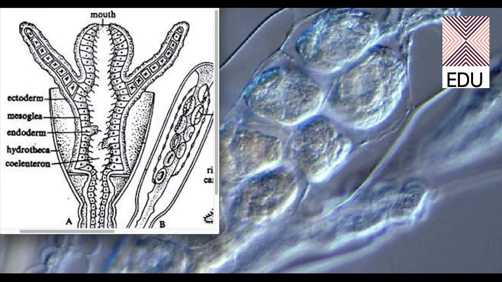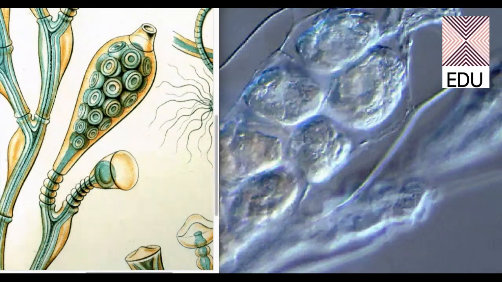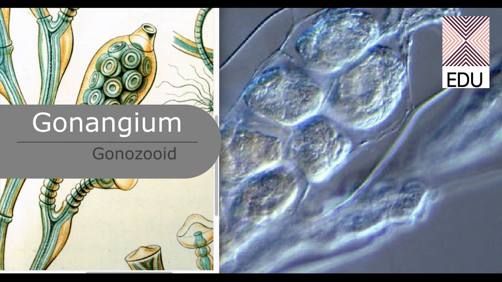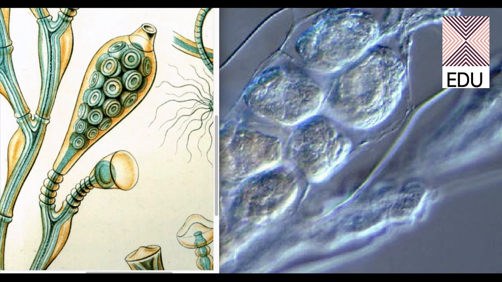Now something about the second zooid, which is the gonozoid. This particular structure is the second zooid, the blastostyle or the gonozoid, also referred to as the gonangium. This is the body which produces Medusa, the third kind of zooid. The number of these gonozoids is quite less compared to the number of polyps in the colony.